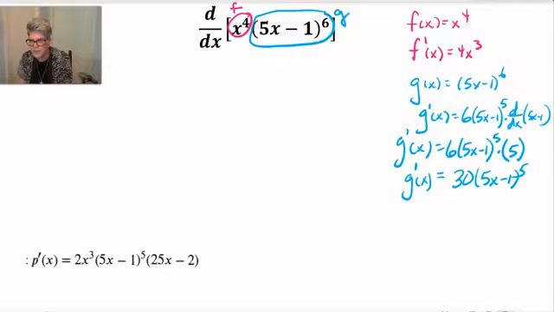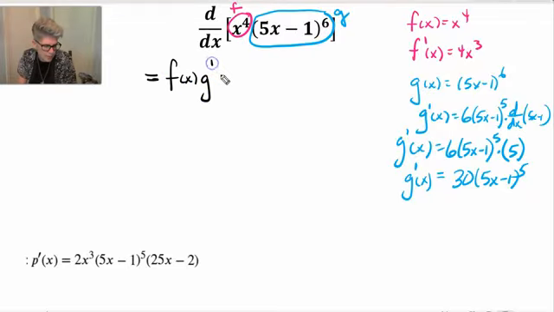Now the derivative of this, I'm going to use the product rule. And according to the product rule, it's going to be f times g prime plus g times f prime.